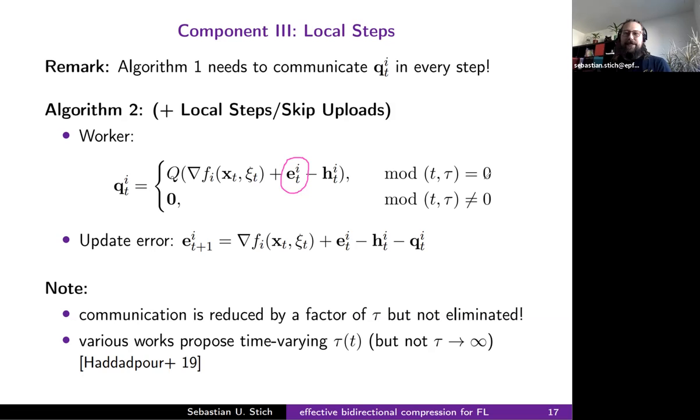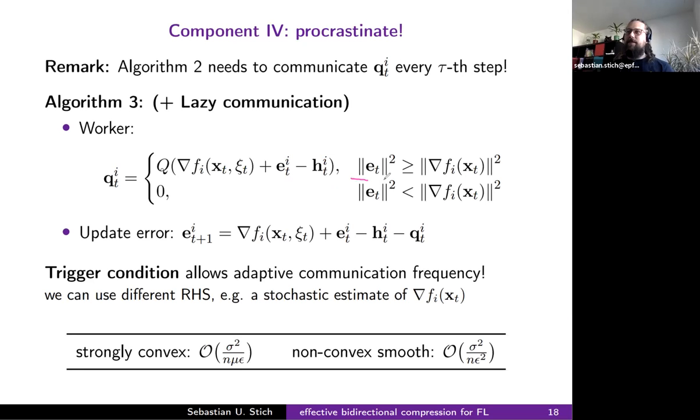But if the vector has norm 0, then the worker knows everything is perfect, there is a low error. So we could just use the norm of this memory vector or this error buffer as a criterion to decide whether we should communicate or not. And that's somehow the main idea in the paper, that we use this norm of this error vector to trigger communications.